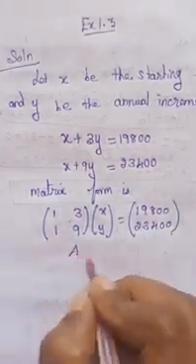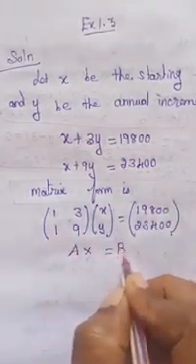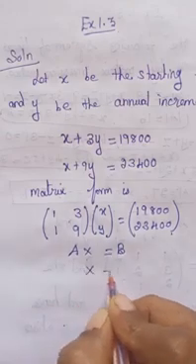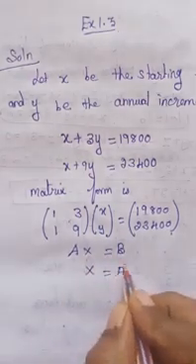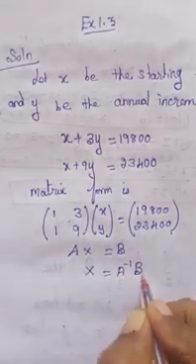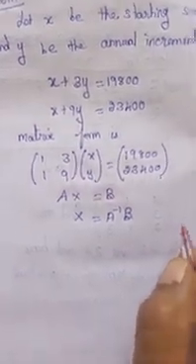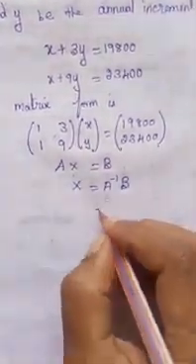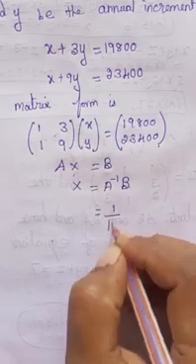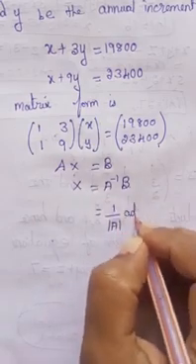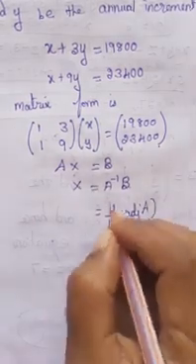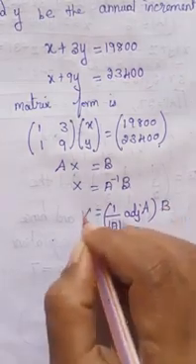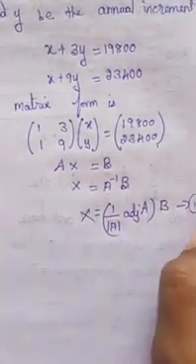This is of the form AX equal to B. So, what is X from here? A inverse into B, isn't it? What's the formula for A inverse? We know that 1 by determinant A into adjoint A into B. Okay, we will keep it as equation number 1.